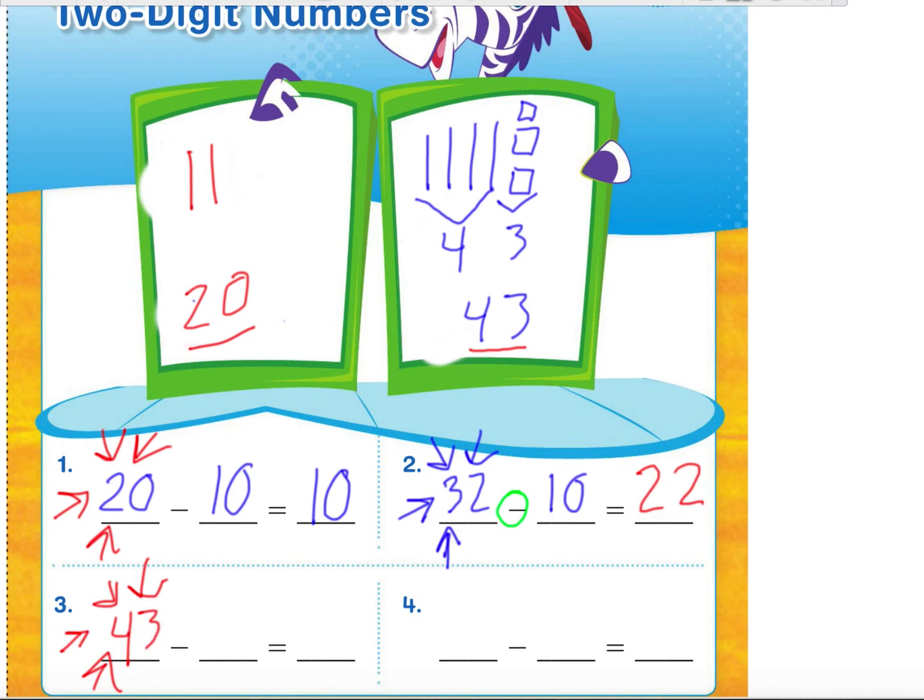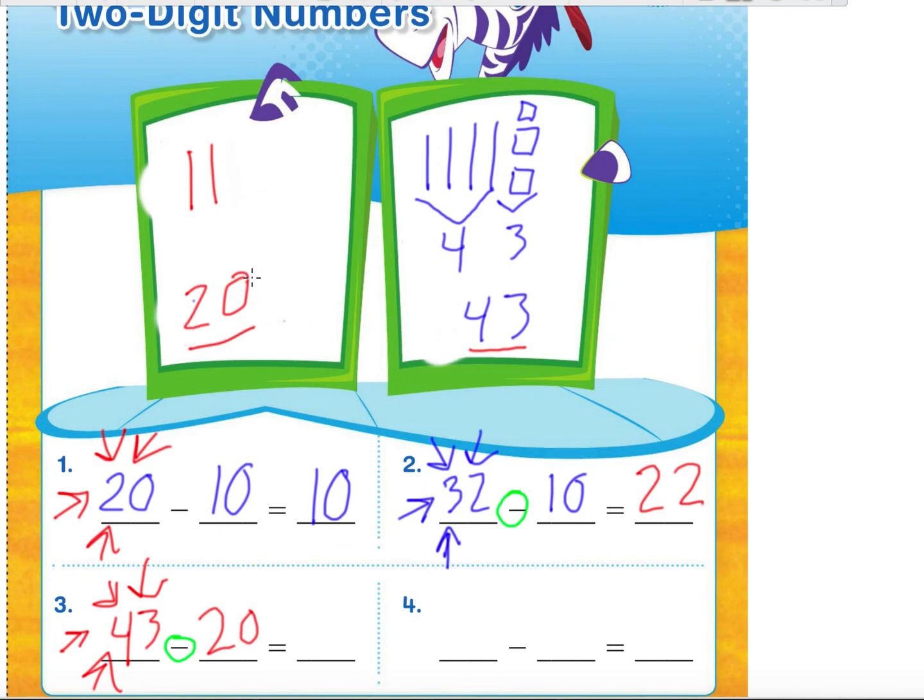And we know we are subtracting because we see this fancy little subtraction sign. So now that we know what number went first, we can write the other number, which is 20. And we know our number sentence is 43 minus 20. And now we know how many we're taking away.